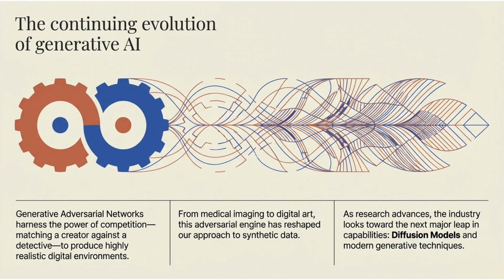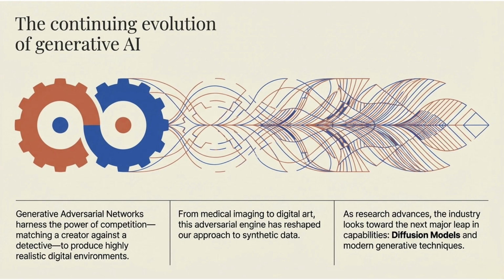Generative AI has been evolving rapidly, transforming many industries and applications. Technologies such as generative adversarial networks use a competitive learning process between two models to generate realistic data. This approach has enabled breakthroughs in areas like medical imaging, digital art, and synthetic data generation.